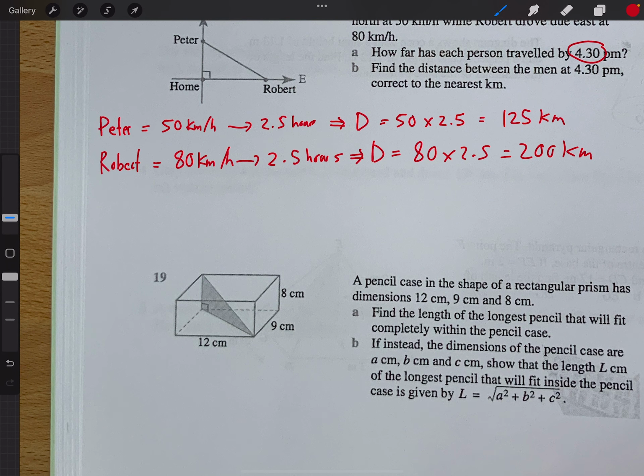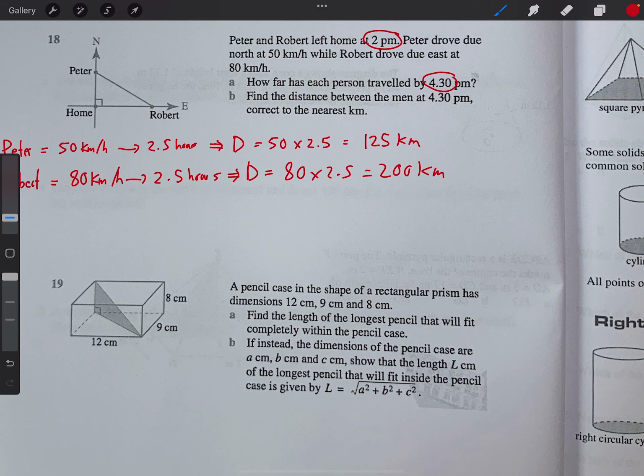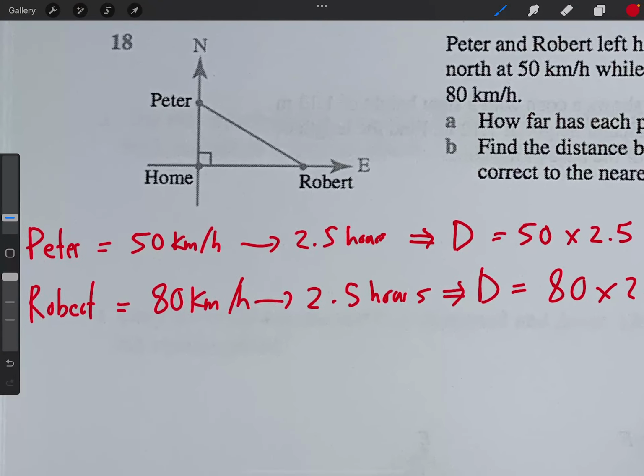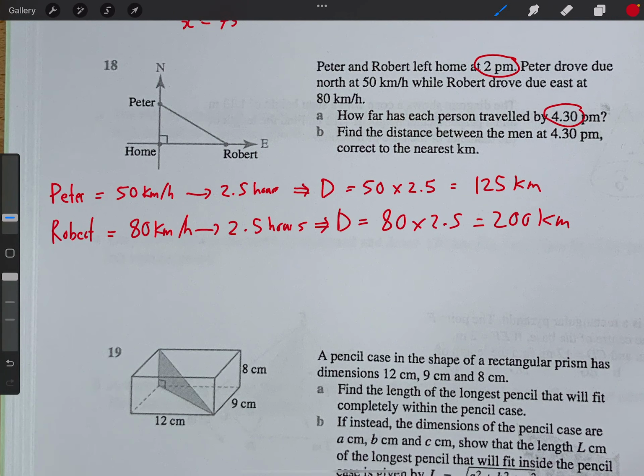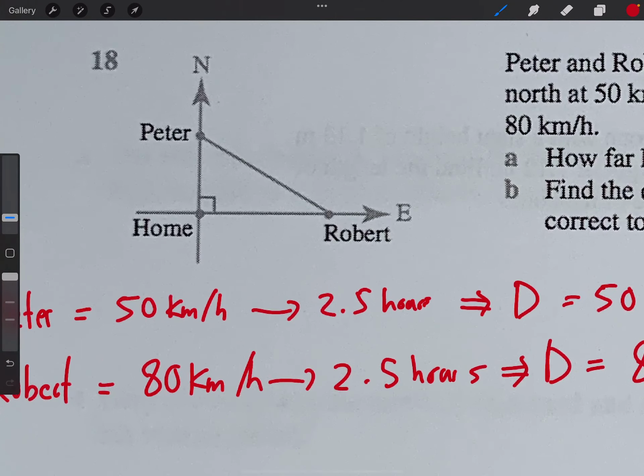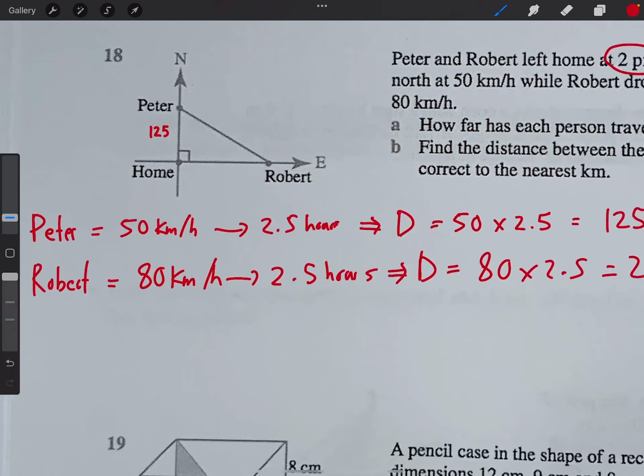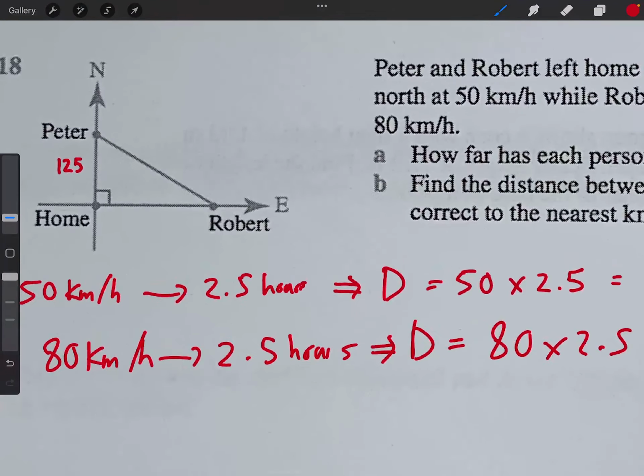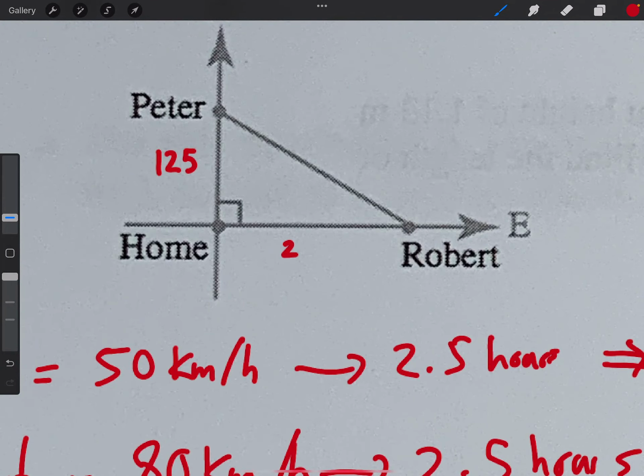Now it says find the distance between the men at 4:30 correct to the nearest kilometer. So we know that Peter traveled 125 kilometers. So from home, this will be 125. And Robert traveled 200. So this is 200.